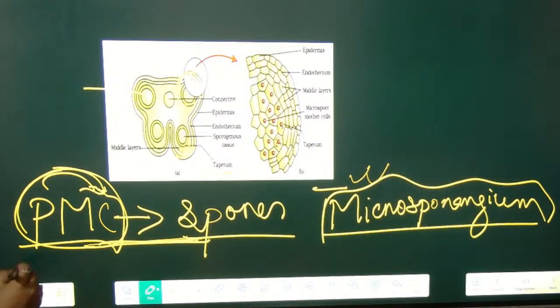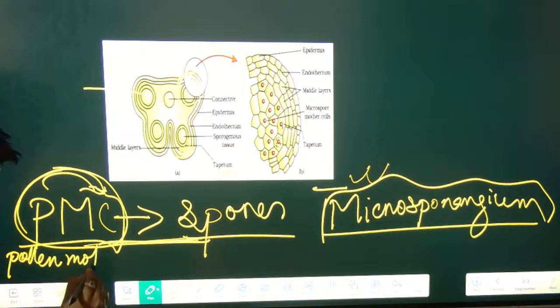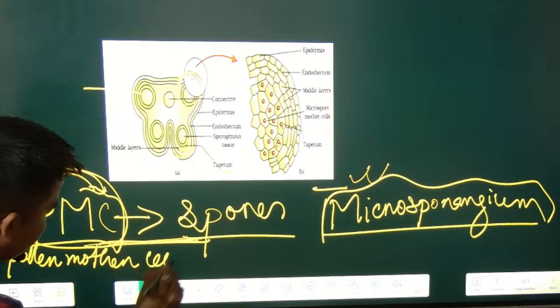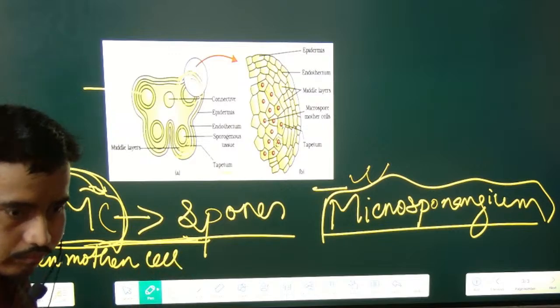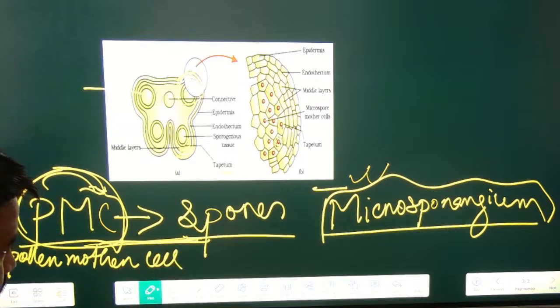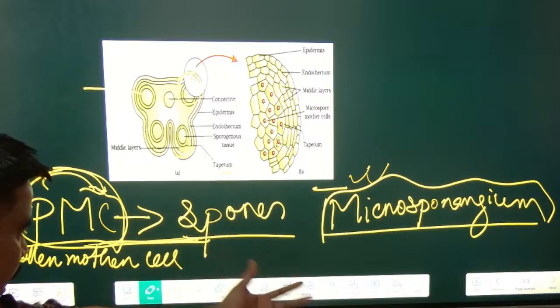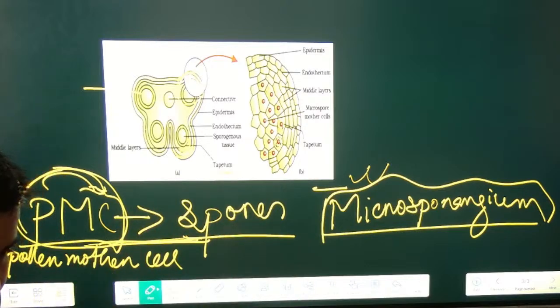PMC means pollen mother cell. Microspore mother cell and pollen mother cell are the same. Many pollen mother cells together make sporogenous tissue.